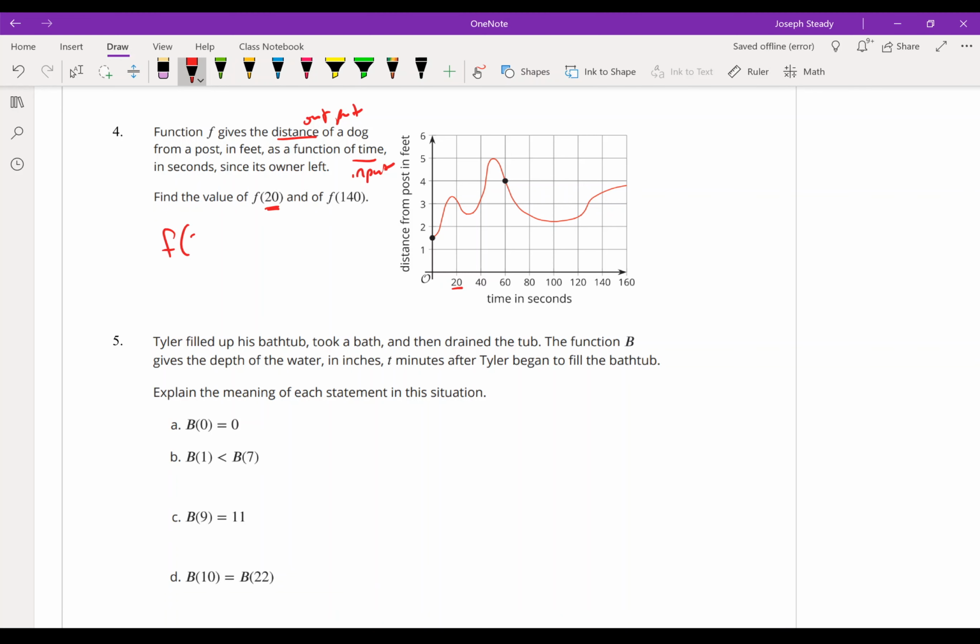So I'm going to say f of 20 equals 3.2. And then f of 140. So again, the input is 140. I come over here, and that looks like it's about 3.5. So f of 140 equals 3.5.